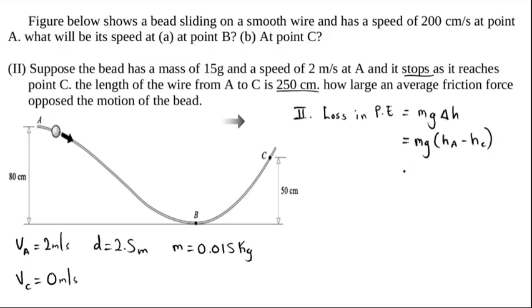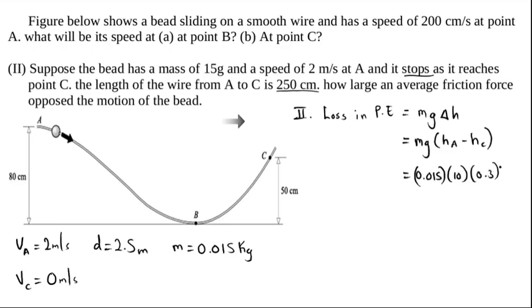So let's find the loss in potential energy. Mass will be 0.015. Let's use 10 for gravity. And the difference in height, that's 80 centimeters minus 50 centimeters, which gives us 30 centimeters. In meters, that's 0.3.